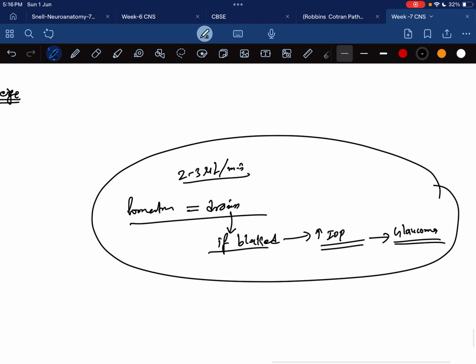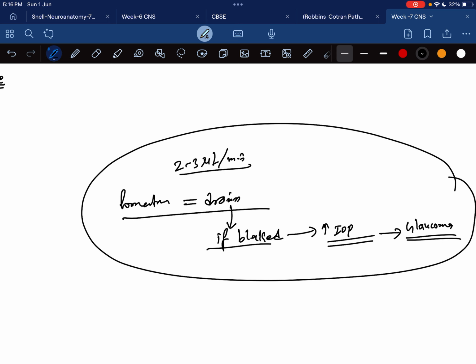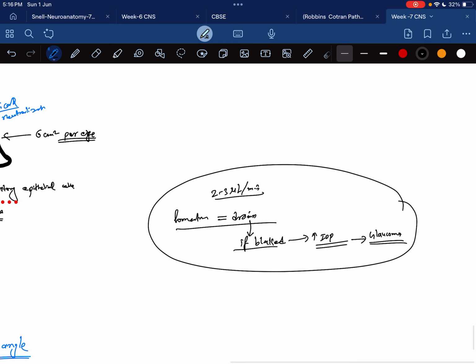This is the formation, and this is the clinical correlation we are relating. The important functions of these fluids are maintaining intraocular pressure, which keeps the eyeball properly inflated, and providing nutrients and removing waste, especially for avascular structures like the lens and cornea.